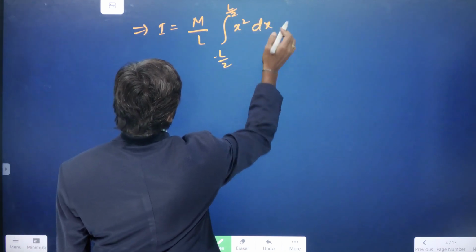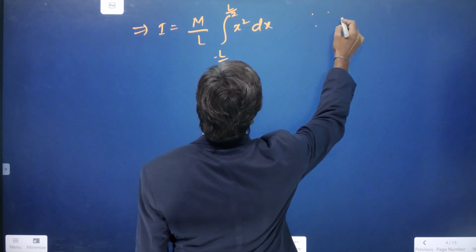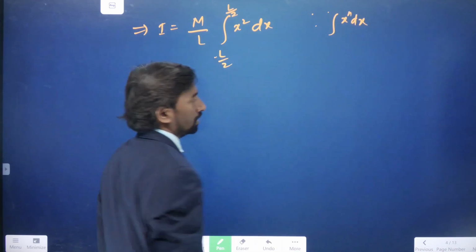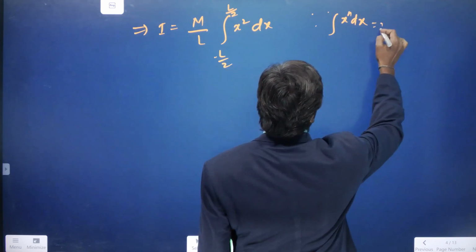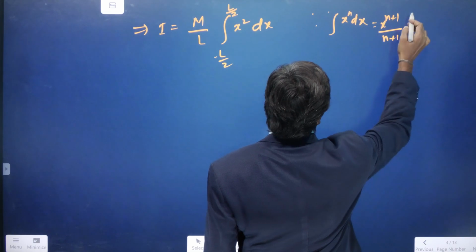Now this is in the formula form of the integral of x power n dx. So the integral of x power n dx is x power n plus 1 divided by n plus 1.